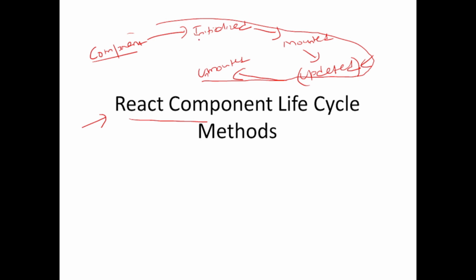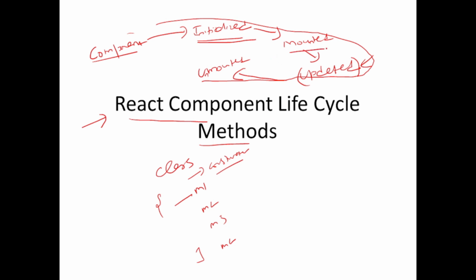And during each of these phases, we have certain methods that will execute. So you have a class, right? Inside this class, you'll have certain methods. I'll call this method 1, method 2, method 3, method 4. When the component reaches the initialization phase, maybe the constructor of the class runs.